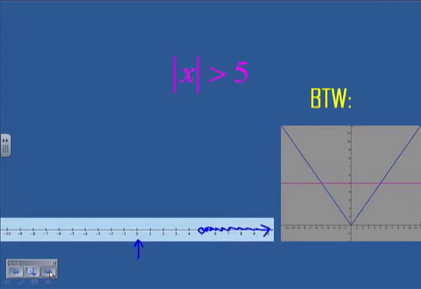Now that's, of course, going in the right direction. Go on the other side. Here's my negative 5. Well, I can't use the negative 5, but I can take any number to the left because all of those numbers are farther away. Now, if we look at the two-dimensional picture, here's my absolute value of x. Here's where it's equal to 5.